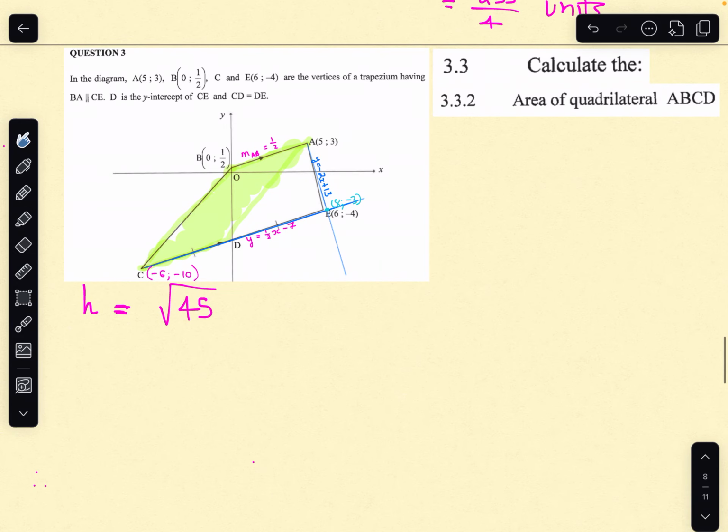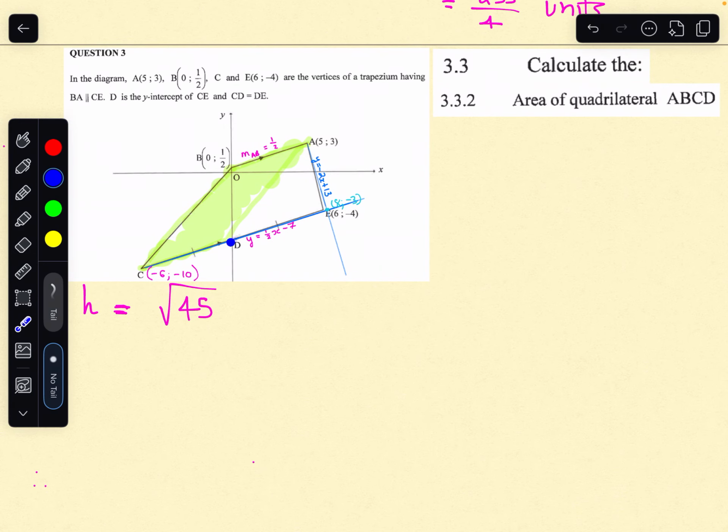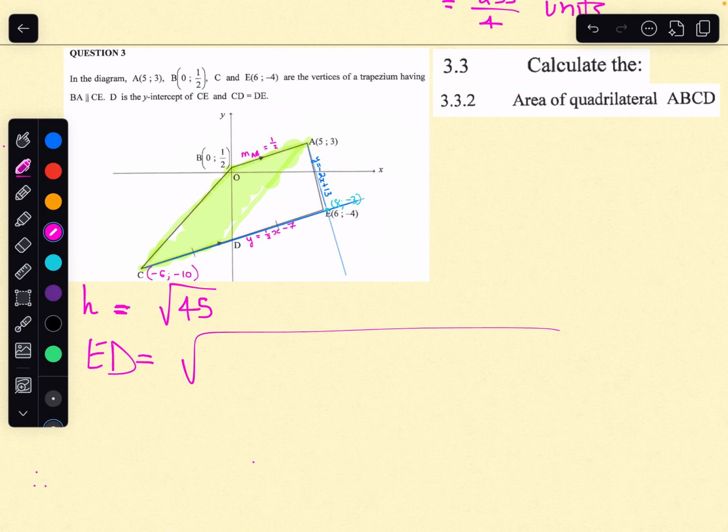Right. So now we want to work out the area of this triangle here, which shares a perpendicular height with the trapezium, which we've worked out to be square root of 45. So we just want the base that is perpendicular to that height, right? So we're working out the length of ED. Similar idea, same formula.